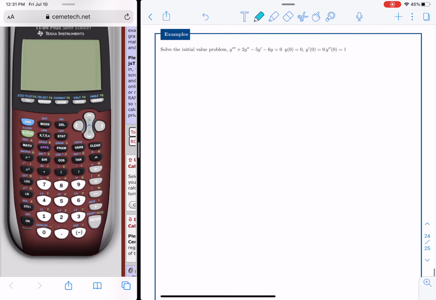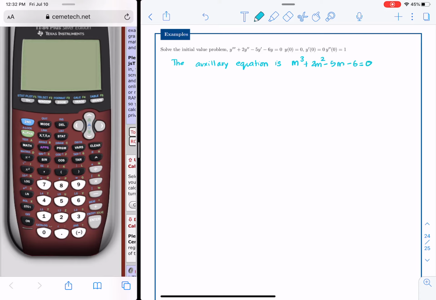Here is another initial value problem. The equation is of third order. The auxiliary equation is m cubed plus 2m squared minus 5m minus 6 equals 0.